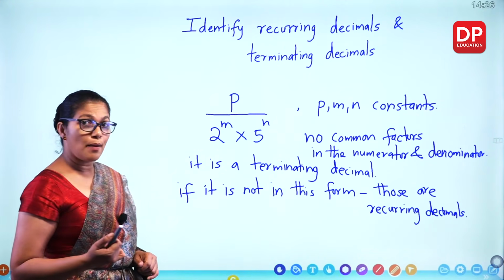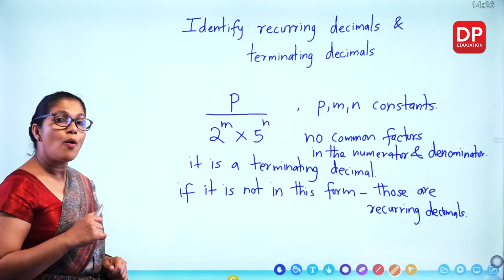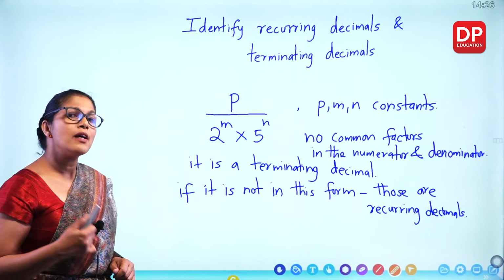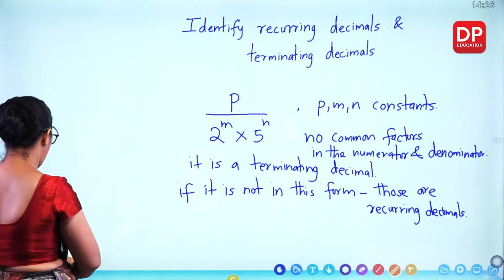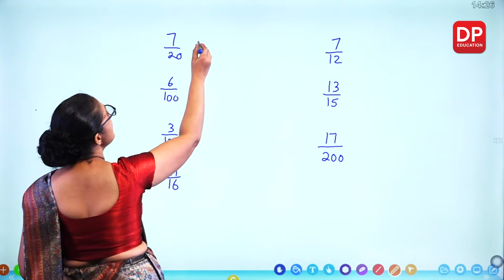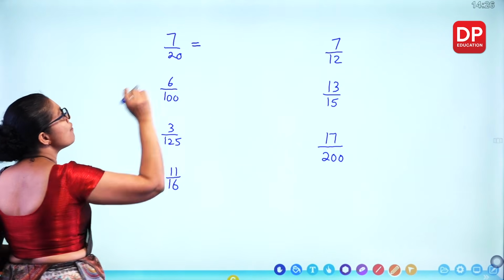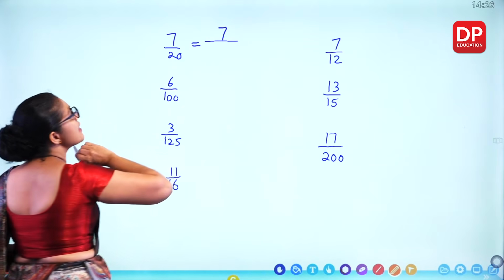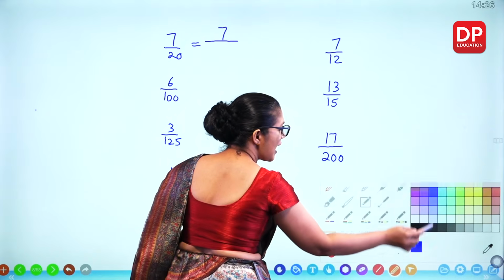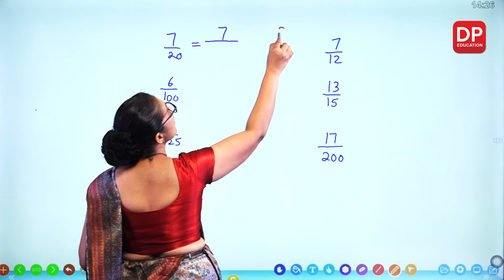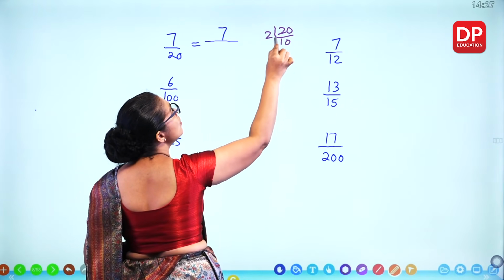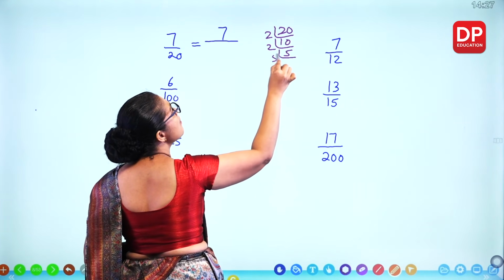Now we'll take some examples and we'll see how we can identify whether the number is a recurring or terminating decimal. We'll take 7 over 20. So 7 over 20 we'll write in the other form. 7 you can write as 7. How can we write 20? First find prime factors, divide by 2, divide by 2 again, divide by 5.